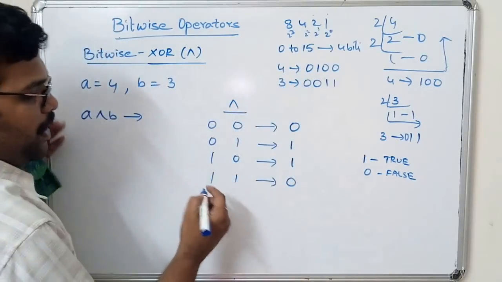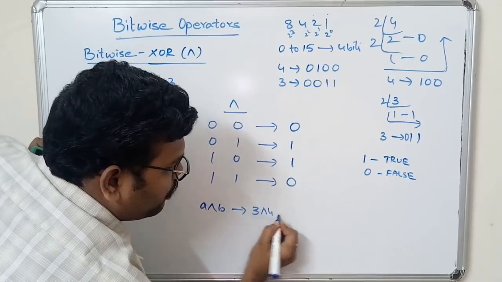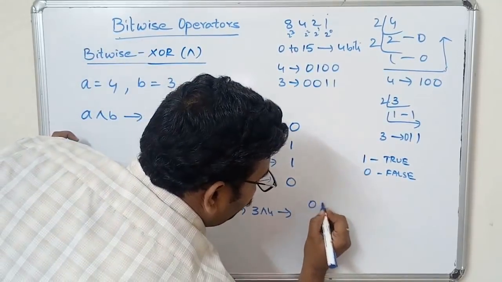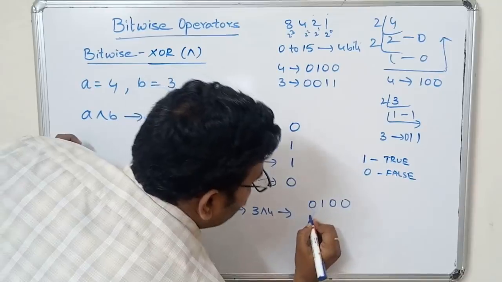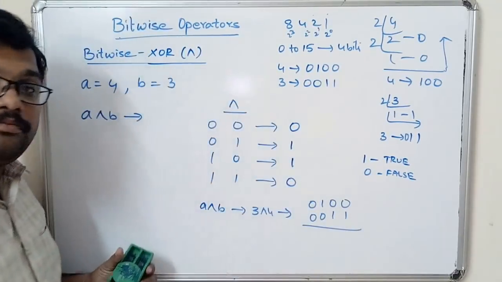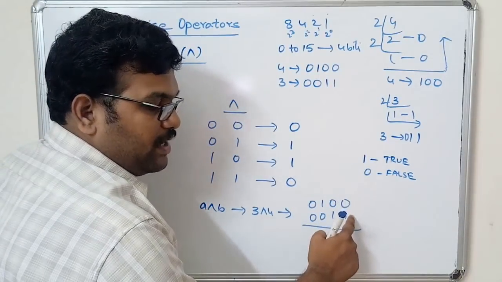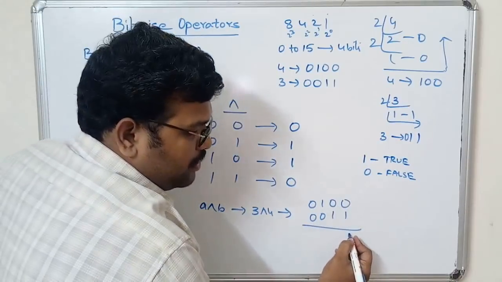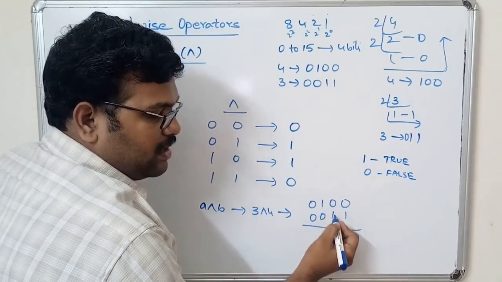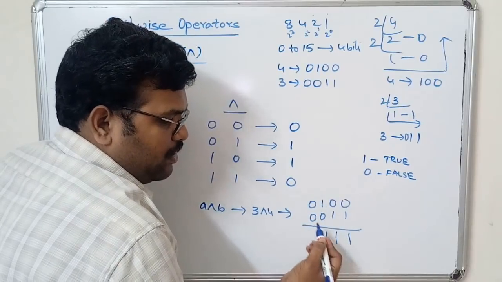Now let us apply A cap B, that is 3 cap 4, means 0 0 1 1 and 0 1 0 0. Here 0 1, so 1 is true, another one is false, resultant 1. 1 is false, another one is true, resultant 1. 1 is true, another one is false, the resultant 1.